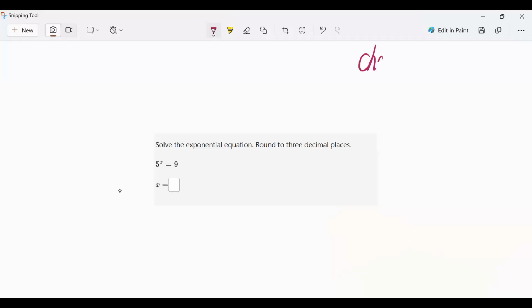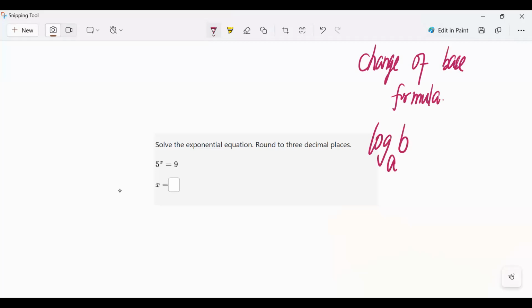The change of base formula is actually very straightforward. Let's say you have log base a of b. Now you can turn it into a quotient of two logarithms, using, say, base c: log base c of b on top and log base c of a on the bottom, with the same base.